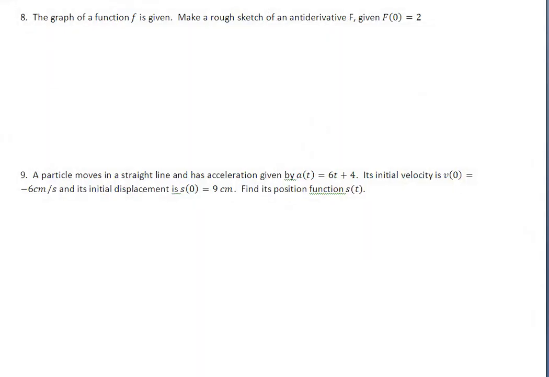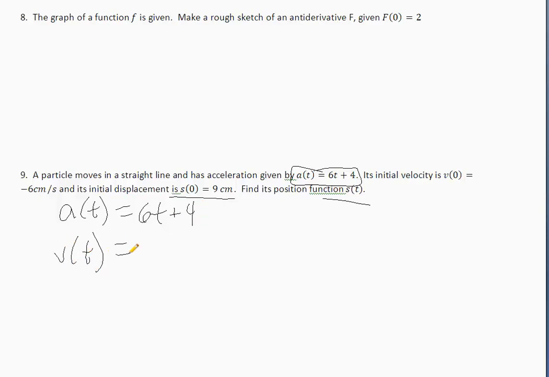And then the last one, a particle moves in a straight line. You're given its acceleration. Its initial velocity is -6 centimeters per second, and its initial displacement is 9 centimeters. Find the position function. So I'm starting with acceleration, and I want to go all the way back to position. So first I can find velocity.